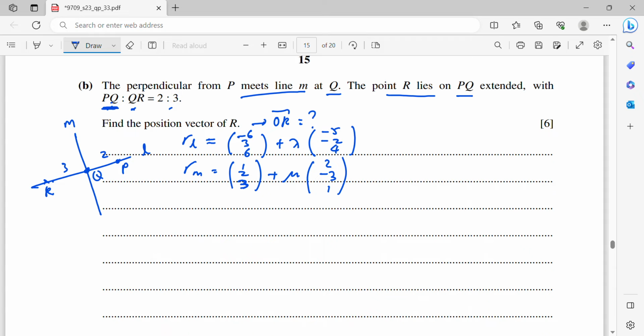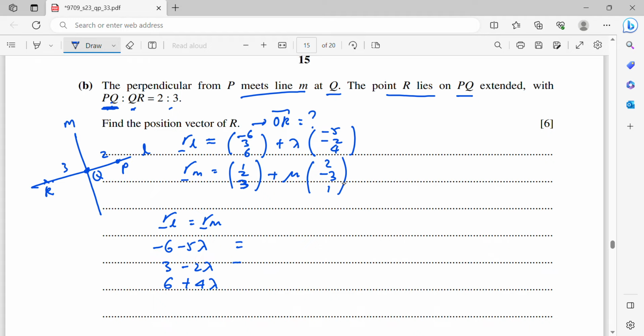So now since we need to find the intersection point, rL equals rM. Then I will open the brackets. The rL first row will be minus 6 minus 5 lambda. Second row is 3 minus 2 lambda. Third row 6 plus 4 lambda.